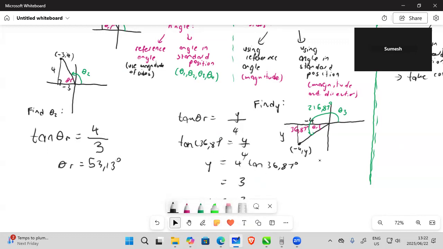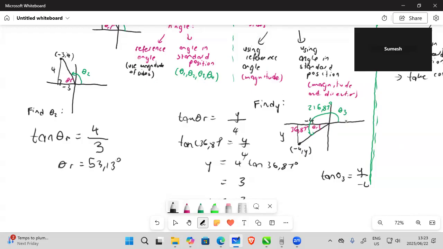Alternatively, I could use the angle in the standard position. If I use the angle in the standard position, it'll be tan of theta is equal to y over, now I can use that minus 4. Because the angle in the standard position tells you precisely where that point lies. See, this theta reference just says it lies there, randomly.